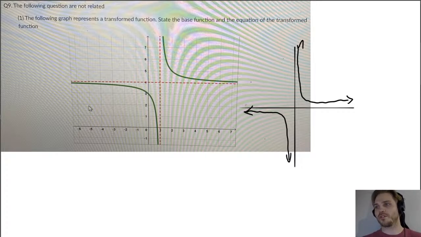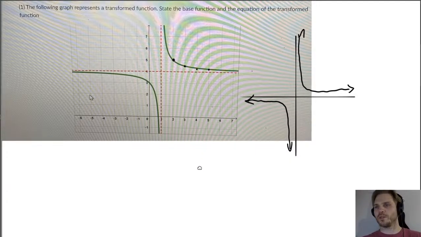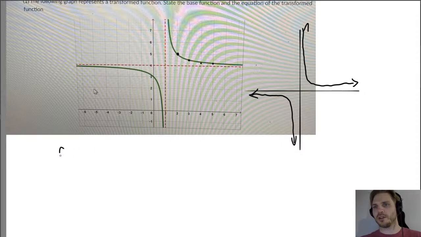So at first look, it looks like this is just shifted to the right by 1 and up 4. And so when x equals 1, you would have 1 over 1, which is 1. When x is 2, you would have 1 half, 1/3, 1/4. Yeah, that looks about right. Okay, cool. So yeah, let's say f of x equals 1 over x.